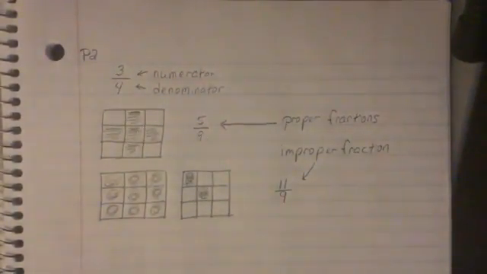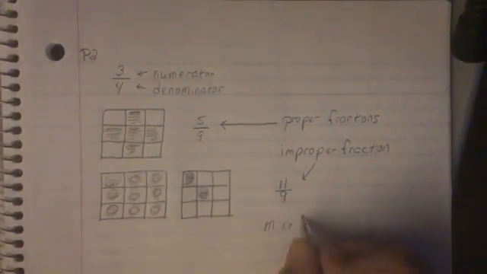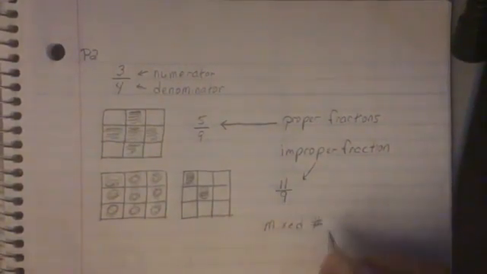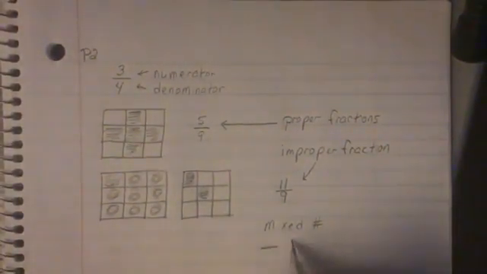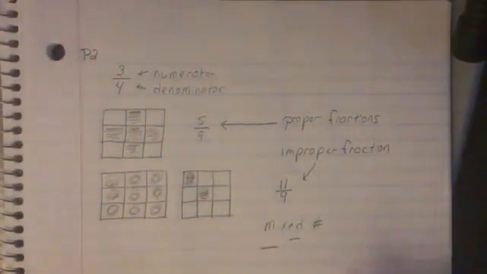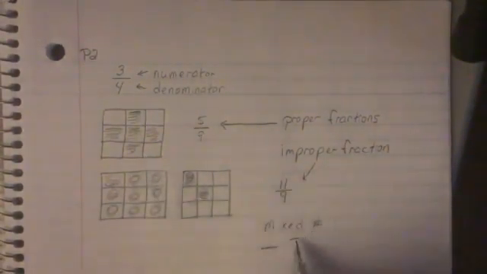But an improper fraction can also be represented with something called a mixed number. Now, a mixed number is when you have a whole number and a fraction. Again, the denominator would be 9s because we're dividing the big boxes by 9 sections.